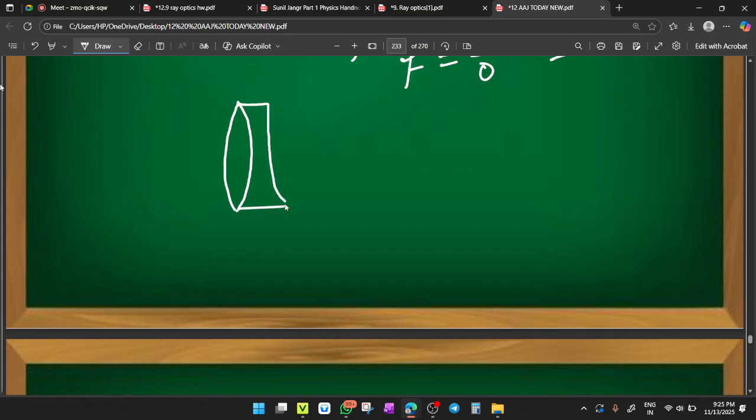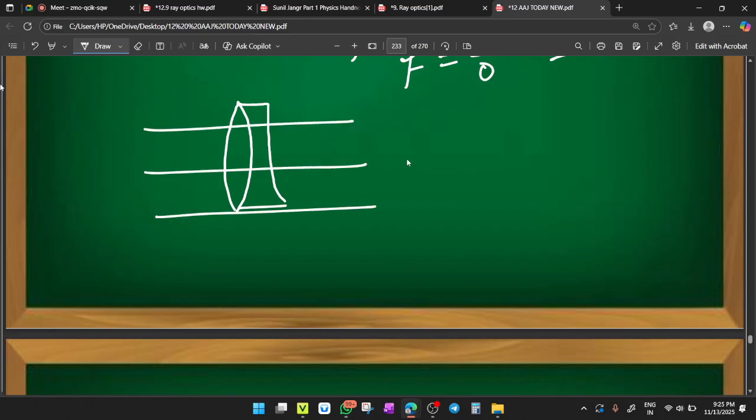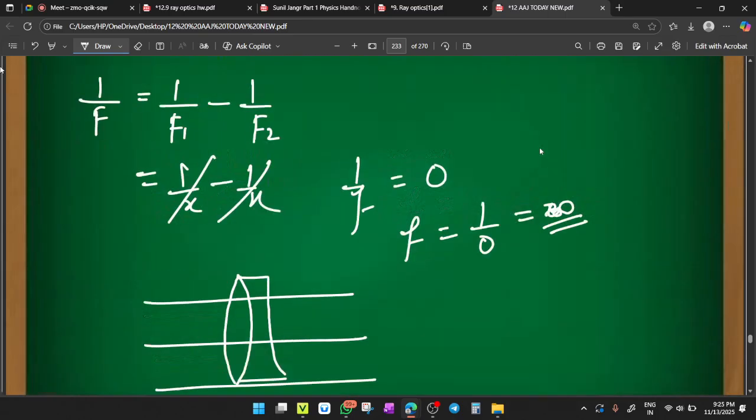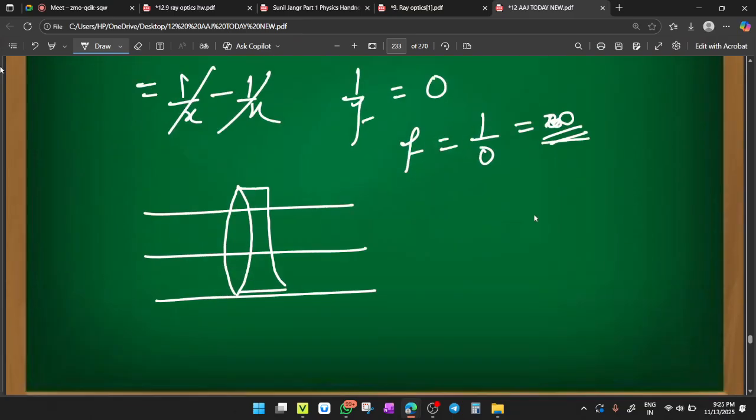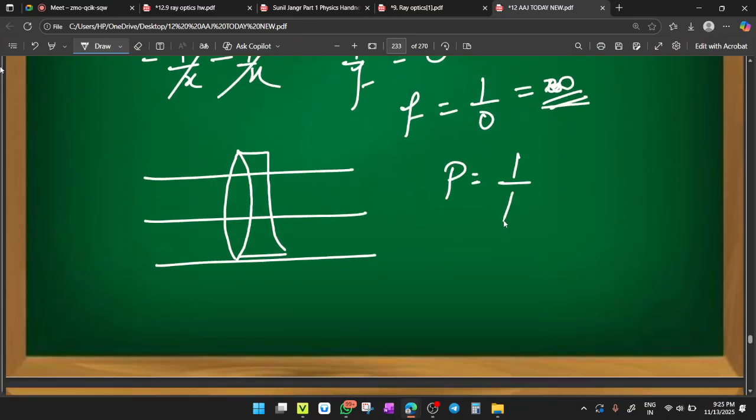Yes, this is the combination of convex and concave. Now this lens behaves like a transparent glass slab having infinite focal length. Whenever there is infinite focal length, power equals 1 upon focal length, so power equals 1 upon infinity, which is 0. It means zero ability to bend the rays.